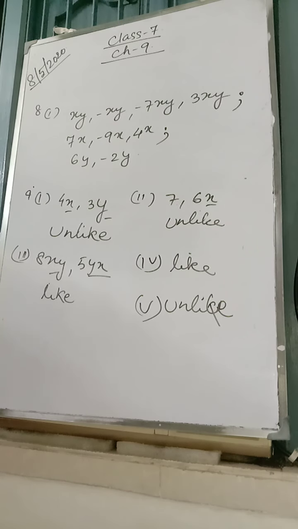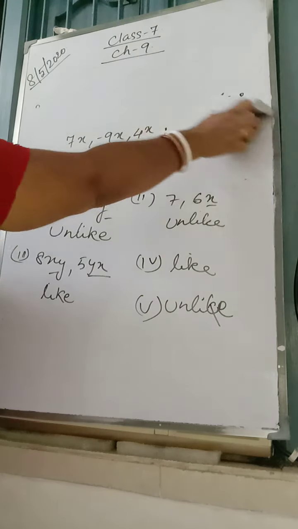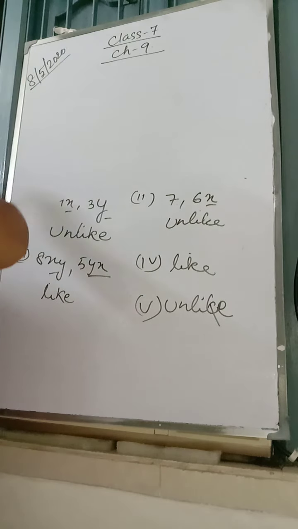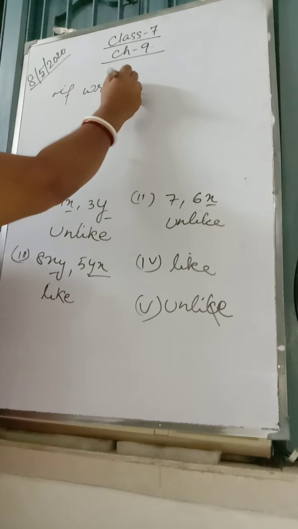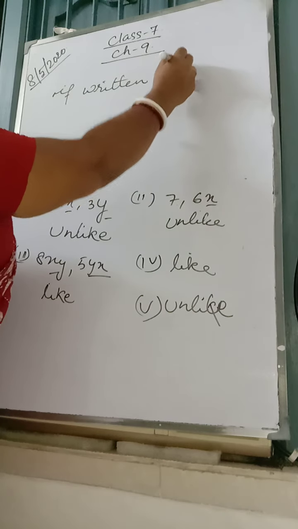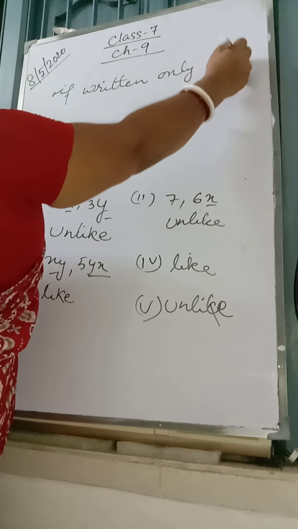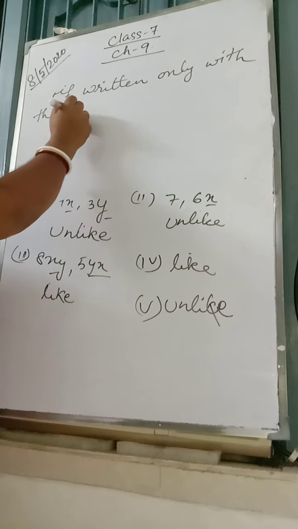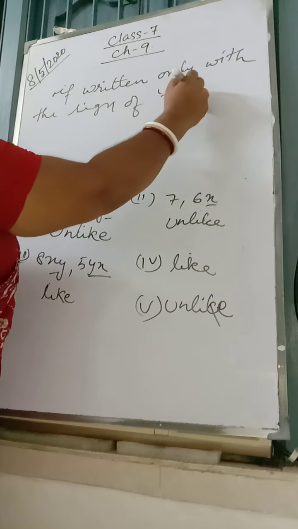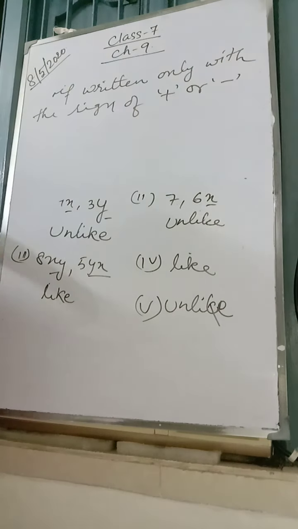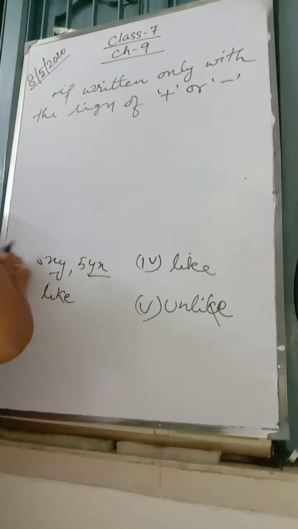Question number 10. Write the number of terms in this expression. I have told you, if it is written only with the sign of plus or minus, they are different terms.